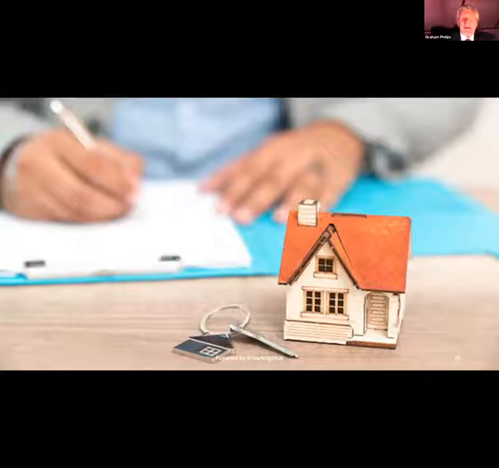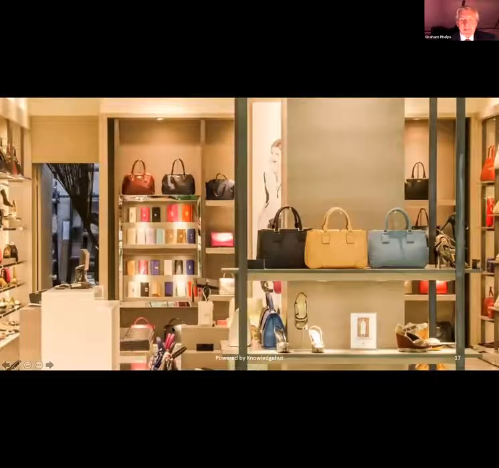This takes skill for the salesperson. And finally, if you're going to spend $3,500 on a handbag, you want to make sure it's a nice handbag. And you want to make sure the salesperson is treating you well. So we're going to look at this aspect as well. Of course, it's not just handbags. It could also be cars or clothes or watches or cameras or anything which is, shall we say, a luxury item.